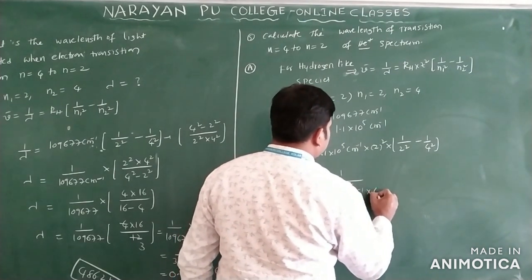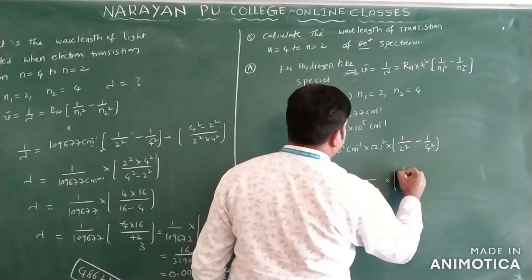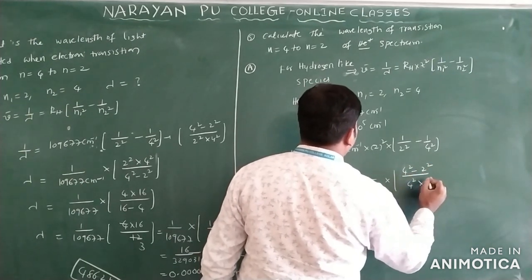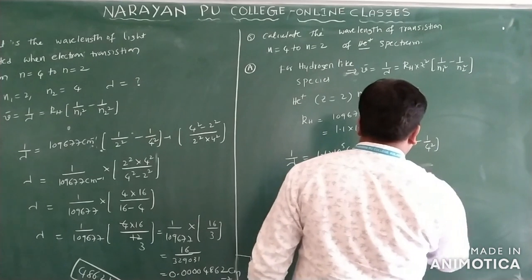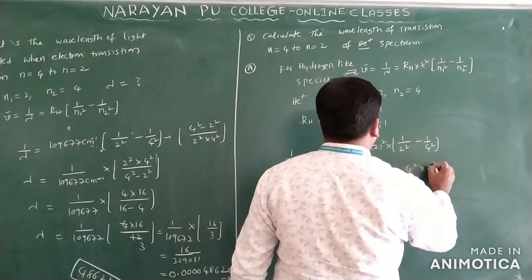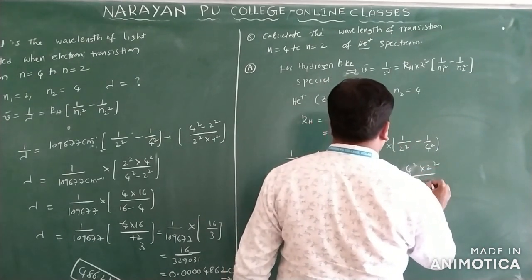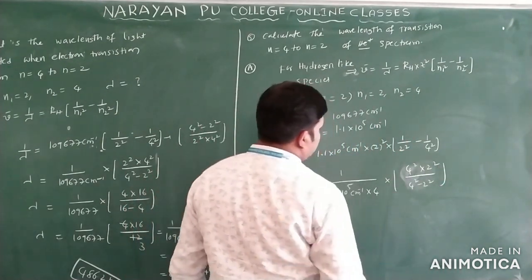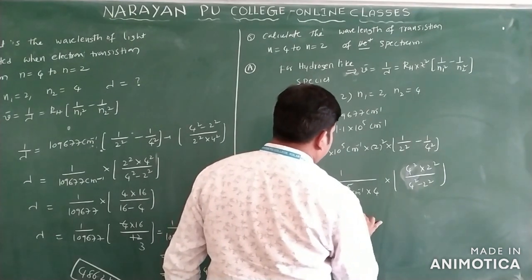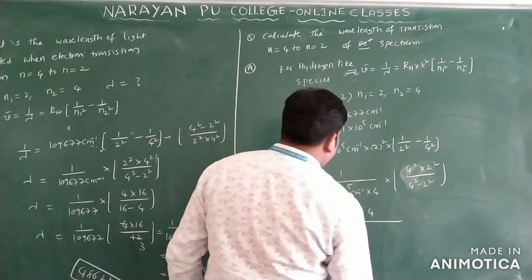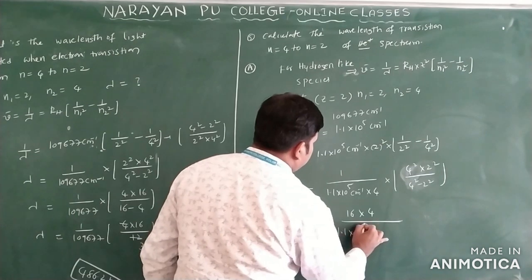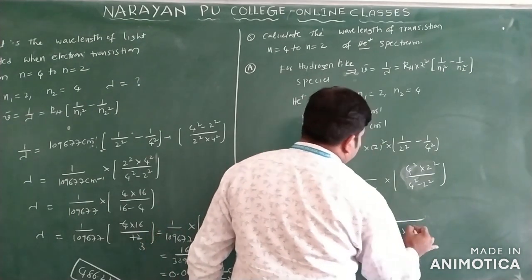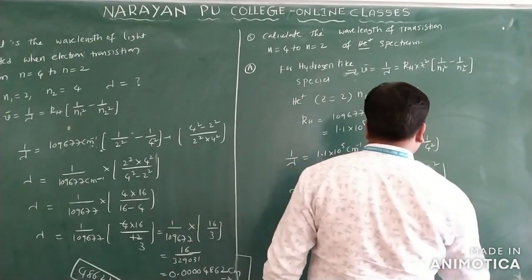You can write 2 square means 4, into what will you get here? 4 square minus 2 square by 4 square into 2 square. Now lambda is equal to, 4 square means 16, into 4, by 1.1 into 10 power 5 centimeter inverse into 4 into 16 minus 4.